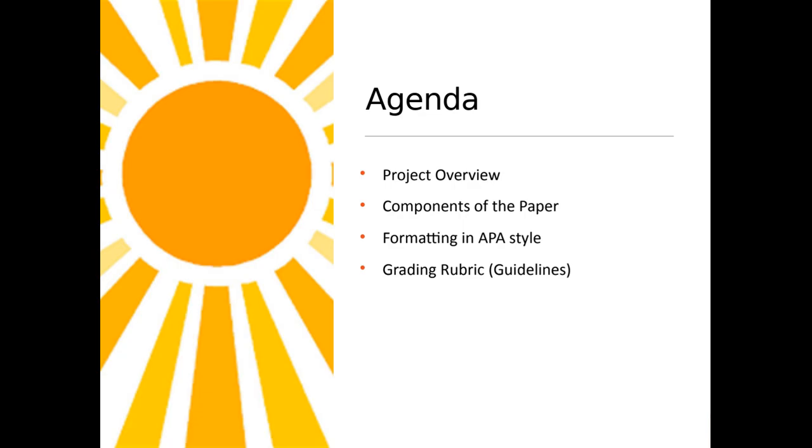I know when I first learned APA, I wanted to pull my hair out because it's so precise about every little thing, and different guidelines just didn't seem intuitive to me, but we learn it anyway. So I'll go over that. And then lastly, I'll go through the grading rubric of what you need to really hone in on as far as the point system goes.